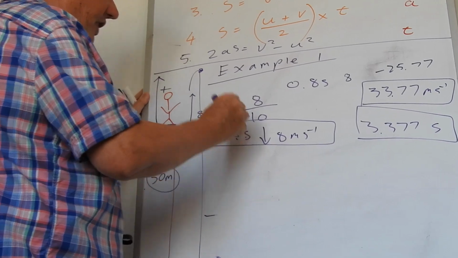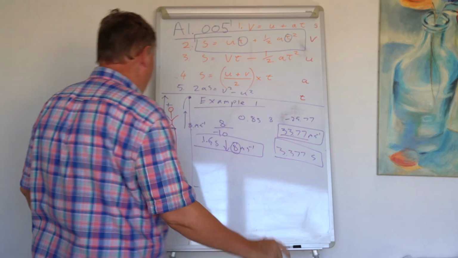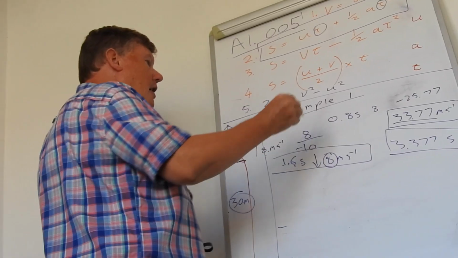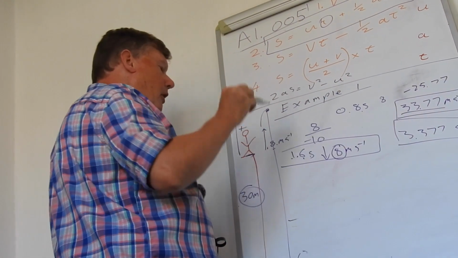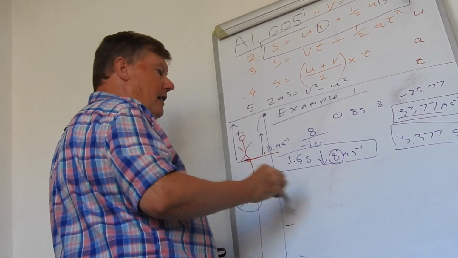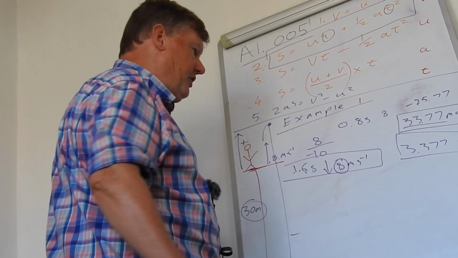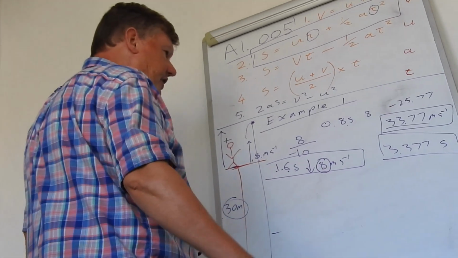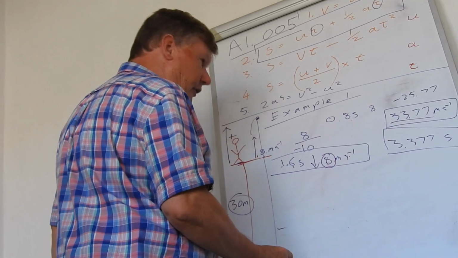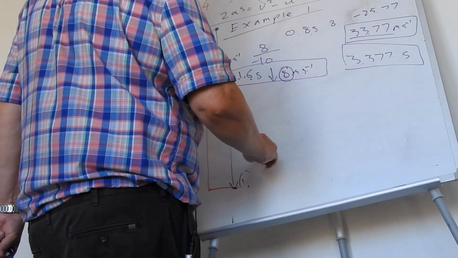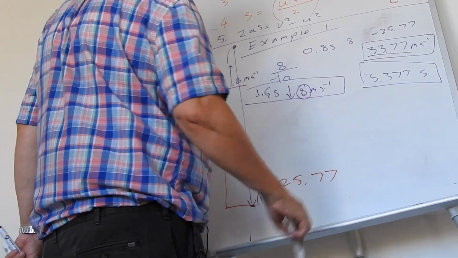And we are 1.6 seconds into it. Okay, so we know it's going to take 0.8 of a second to go up, 0.8 of a second to come back. So after 1.6 seconds, it's back there and it's travelling downwards at 8 meters per second. How long is it going to take to speed up from 8 meters per second to its final velocity at the bottom, which we worked out at 25.77?